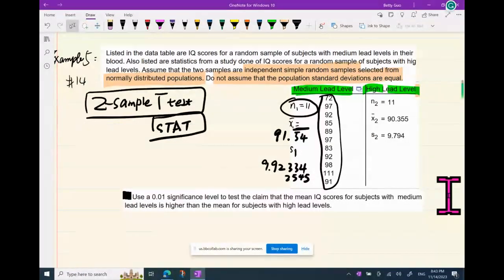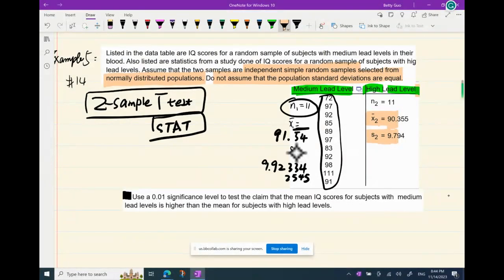N sub 1, 11. X2 bar, 90.355. Oh, you know what? Actually, I forgot to tell. Since X sub 2 and S sub 2, I would round X sub 1 bar, same with X sub 2 bar.